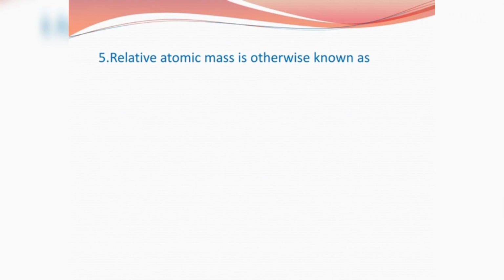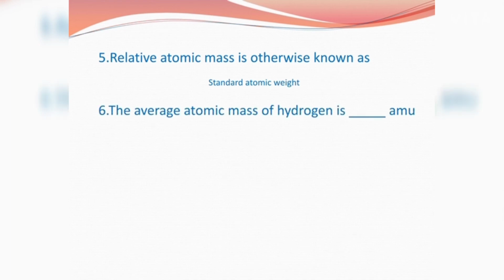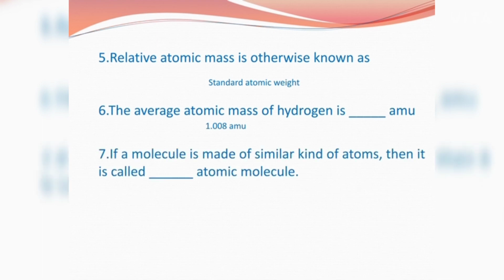Fifth one: relative atomic mass is otherwise known as standard atomic weight. The average atomic mass of hydrogen is 1.008 AMU. AMU means atomic mass unit.